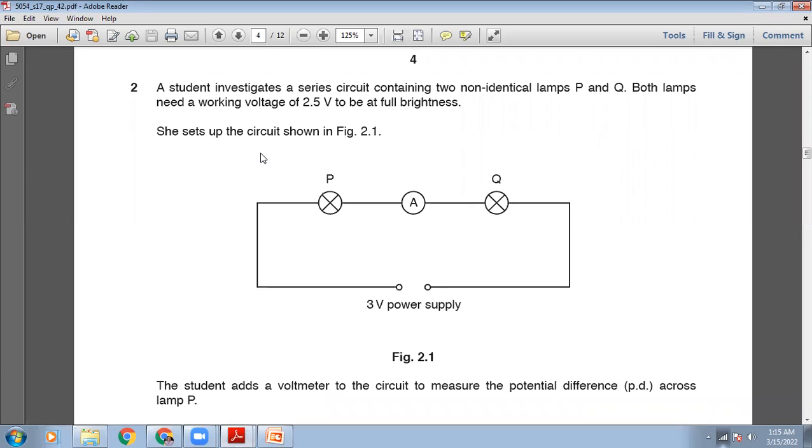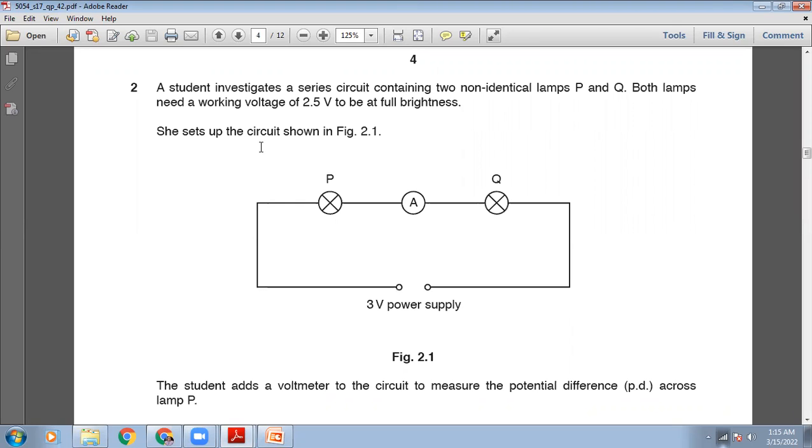A student investigates a series circuit containing two non-identical lamps P and Q. Both lamps need a working voltage of 2.5 volt to be at full brightness. She sets up the circuit shown in the figure 2.1.